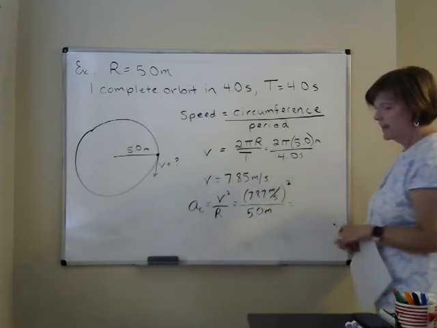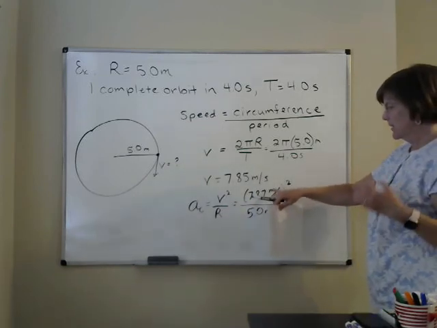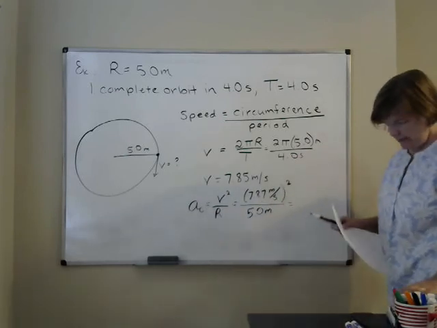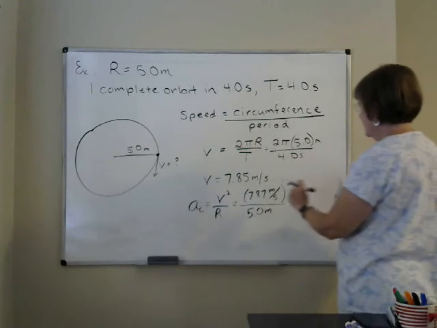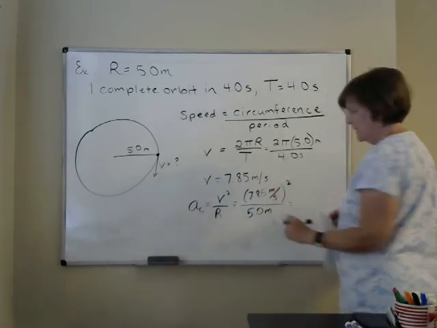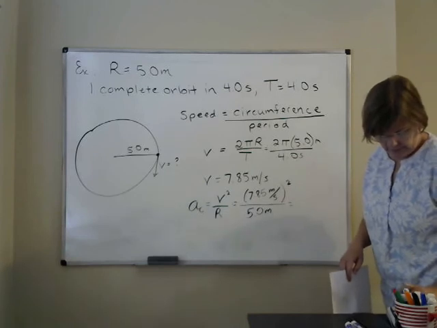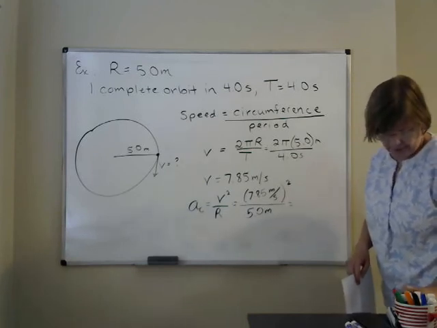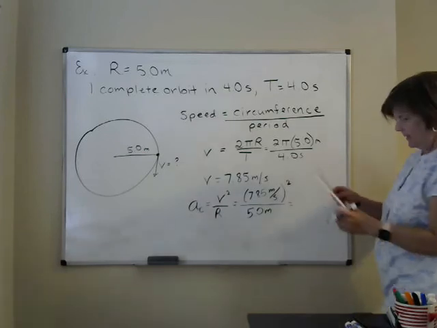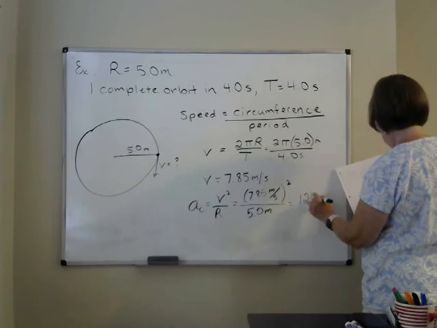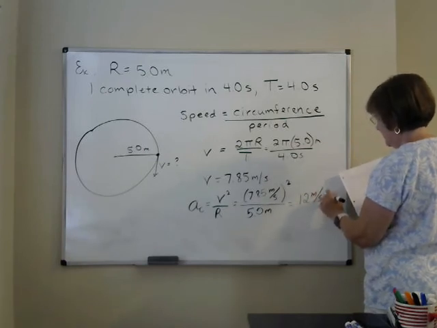Notice that one of these meters will divide off, so we'll get the right units. That's 7.85 squared divided by 5 meters, and I get about 12 meters per second squared.